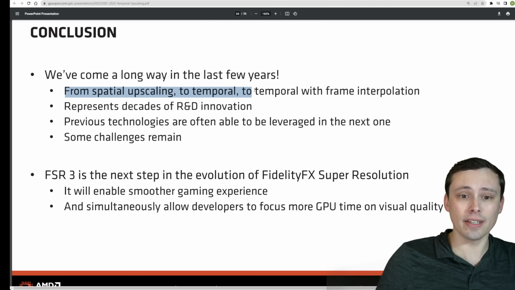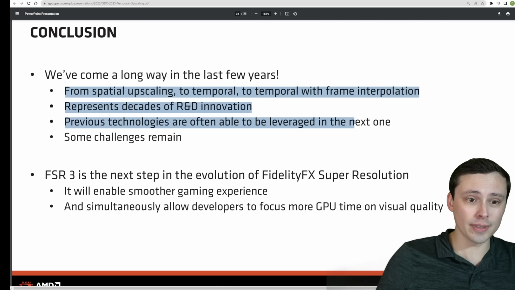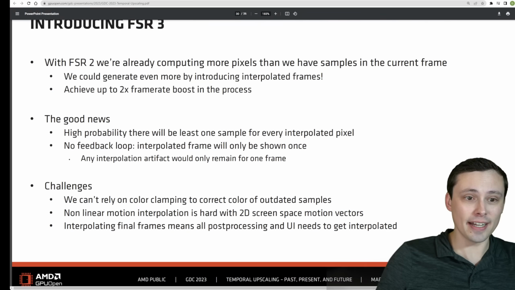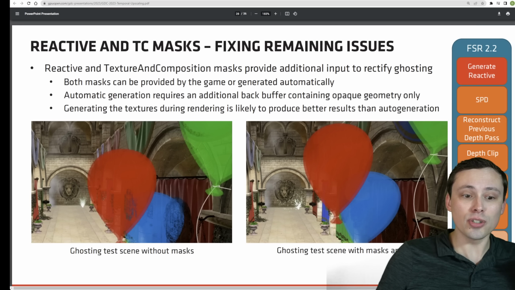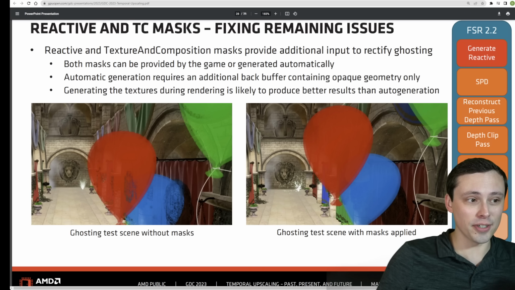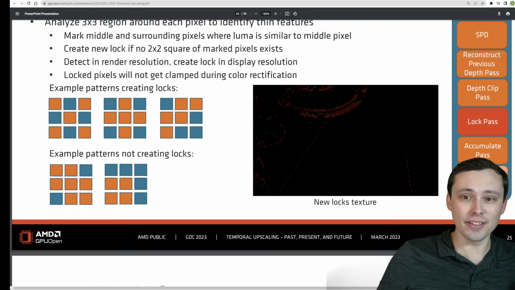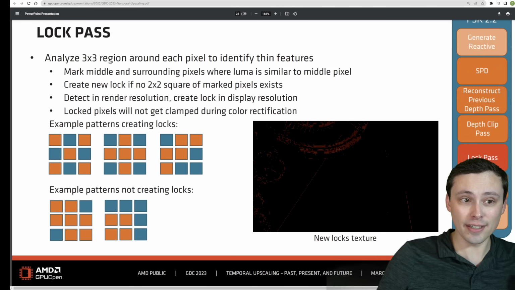Now, this presentation only talked about FSR3 at the end. The rest of it started with FSR1, going from spatial upscaling to FSR2 with temporal, and then all of the problems that they solved with that. Honestly, guys, this is a fascinating slide deck, and I will link it here. This goes into so much detail about FSR2, how they're reducing ghosting with clamping and all sorts of stuff. Honestly, it's more technical detail than I think I need to get into for my video.